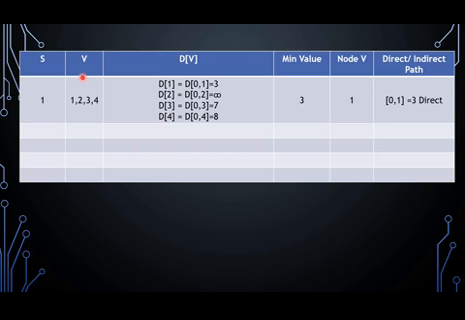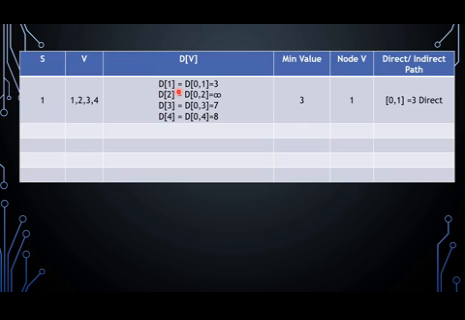I am solving the problem in form of a tabular method. So I will consider the first column as representing source. So I have considered, this is 0. A typing mistake. This is 0. Source is 0, remaining vertices are 1, 2, 3 and 4. Okay.